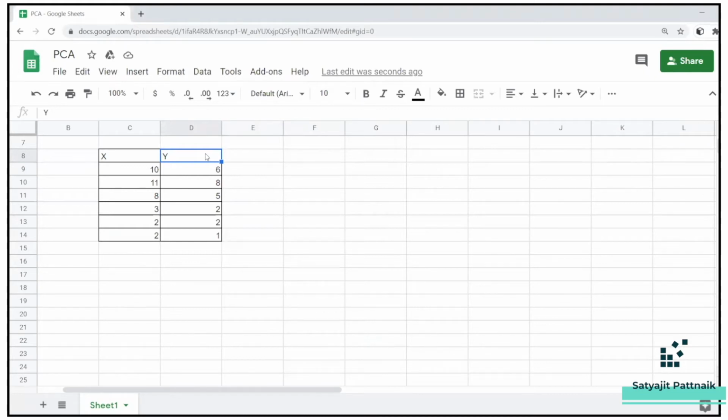The eigenvectors and eigenvalues of a covariance matrix represent the core of PCA. The eigenvectors are also called the principal components. They determine the direction of the new feature space, and the eigenvalues determine their magnitude. I'll try to repeat it again. The eigenvectors, or the principal components, PC1 and PC2.